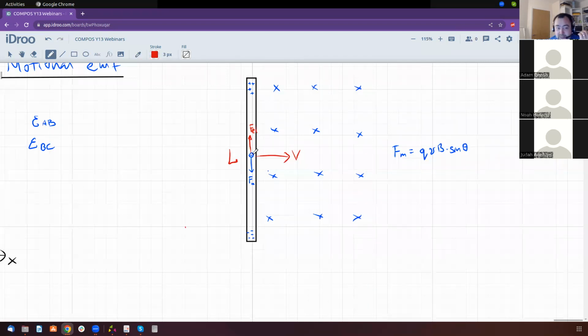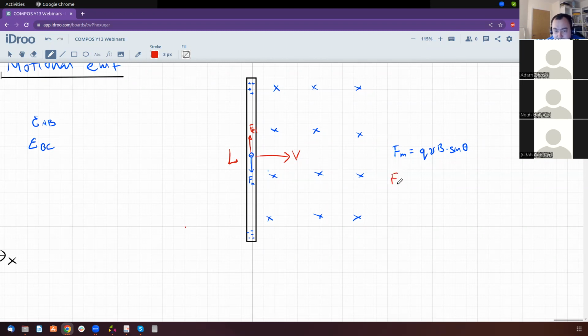And because there is nowhere for the electrons to go, these two forces will balance themselves out. It can't be otherwise. Otherwise, you'll have a current inside a disconnected rod, which doesn't make sense.